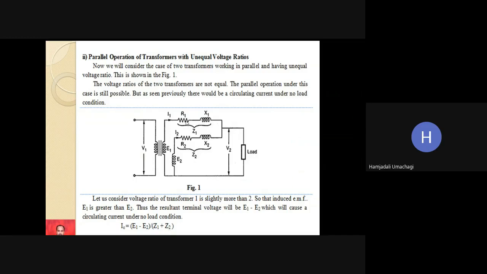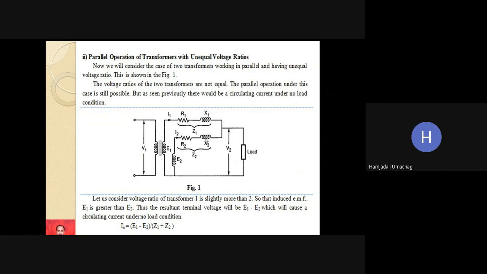That is IC = (E1 - E2)/(Z1 + Z2). Z1 is the combination of R1 plus jX1, the resistance and reactance of the first transformer, whereas Z2 is R2 plus jX2, the resistance and reactance of the second transformer, which are connected in parallel to each other.